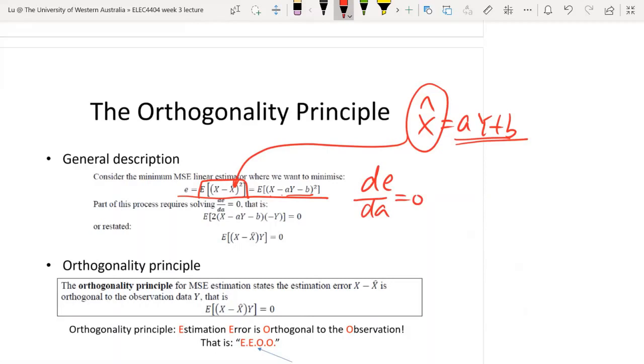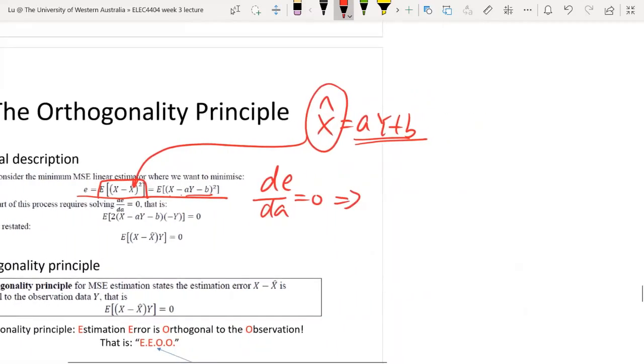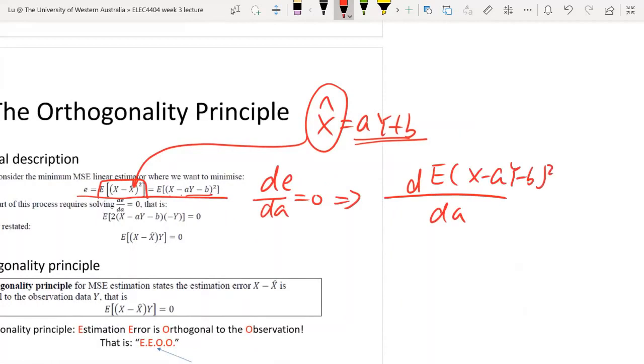Okay, so we want to find the derivative of the expectation of x minus ay minus b, squared, with respect to a to be 0. In this derivative calculation, only the a is our focus. The x, the y, and b are not related to our derivative calculation.